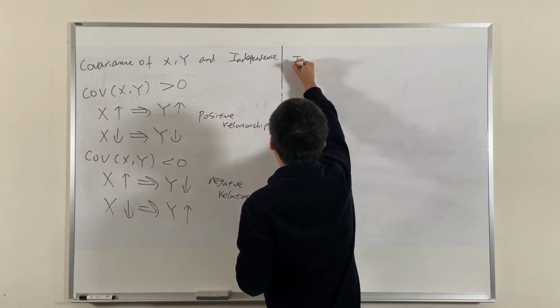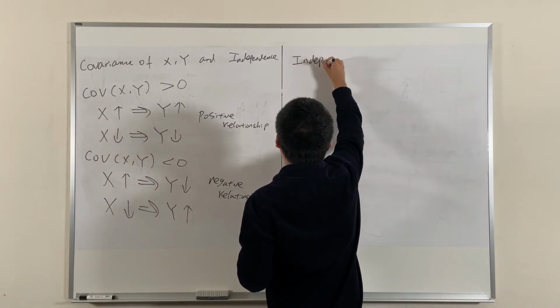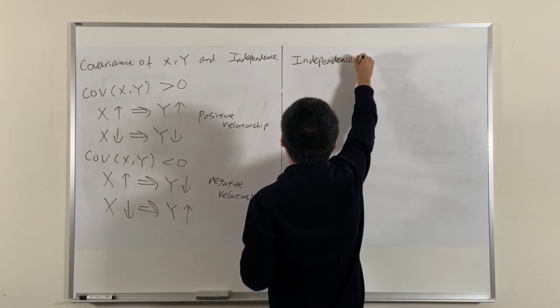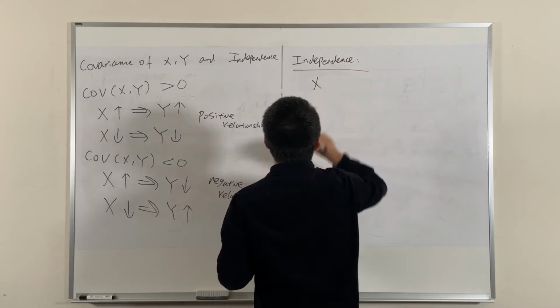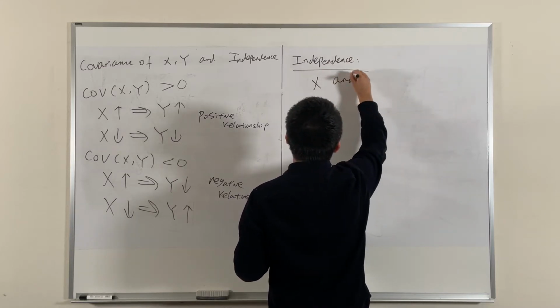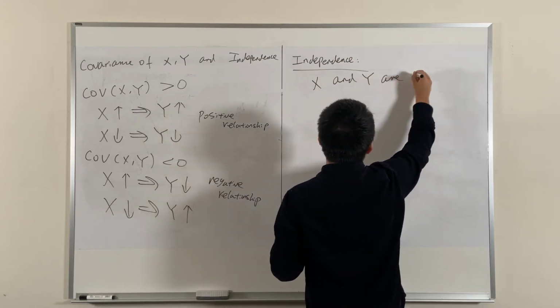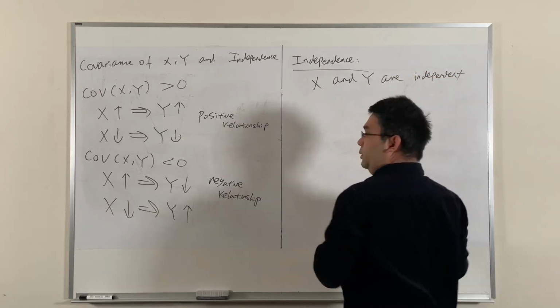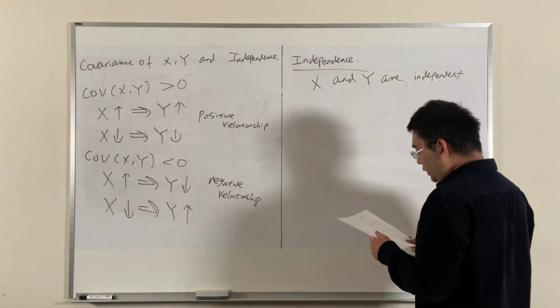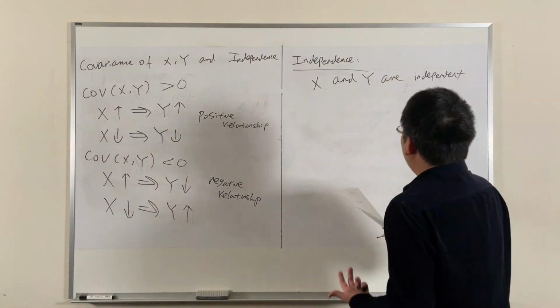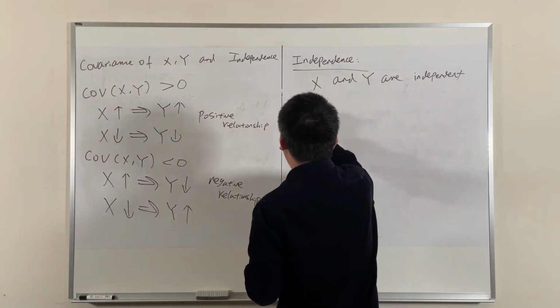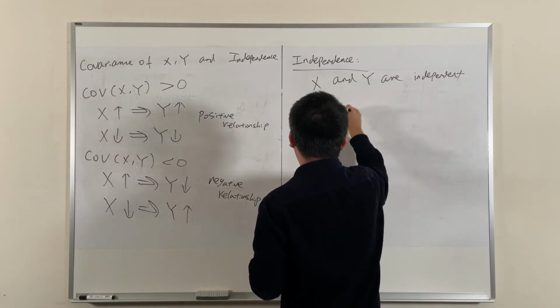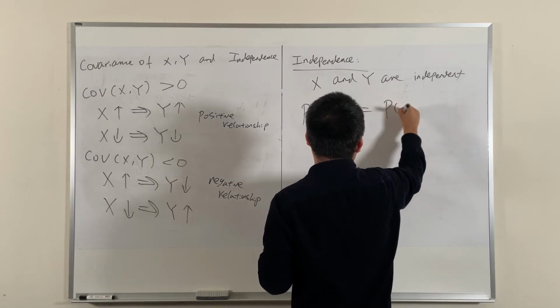Now to talk about the concept of independence. Let's say the random variables X and Y are independent, right? Remember the formula we learned in the previous video: if X and Y are independent, that means the probability of Y given X equals the probability of Y, right?